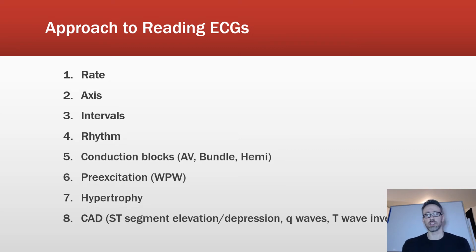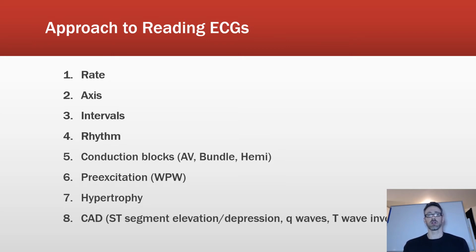The intervals. Now we're looking at the waveforms and the duration that they take. For example, the P wave and the PR interval, the combination of those two, the QRS complex, the ST segments, the QT intervals.